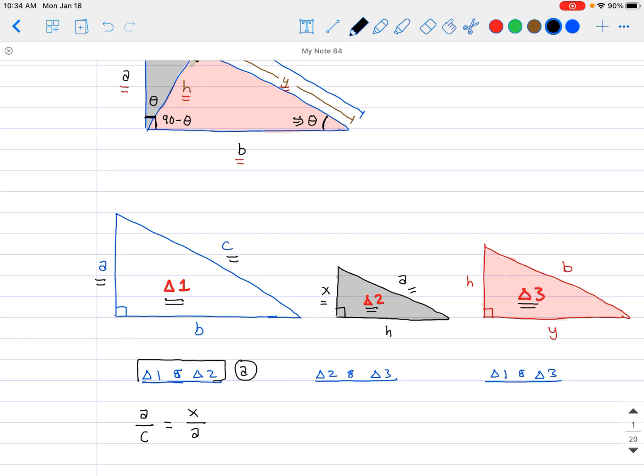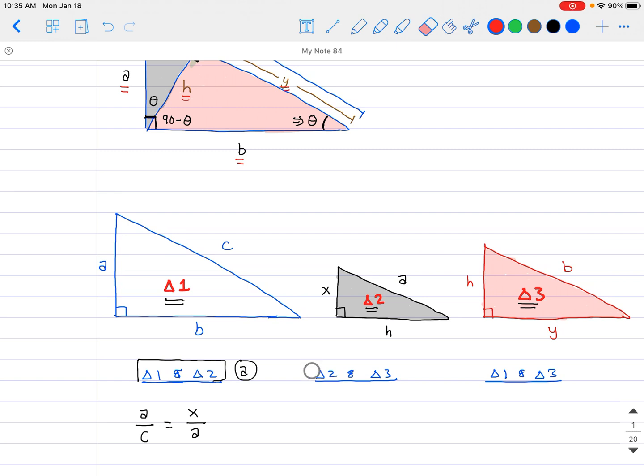That's just one proportionality you can set up, and you can definitely set up some other ones. But this one is specifically telling me a story, because if you notice the proportionality I set up right here, A is a geometric mean because of the way that it's written. A is a geometric mean between sides C and X. Well, let's move into triangle 2 and triangle 3 and see if we can do the same thing.